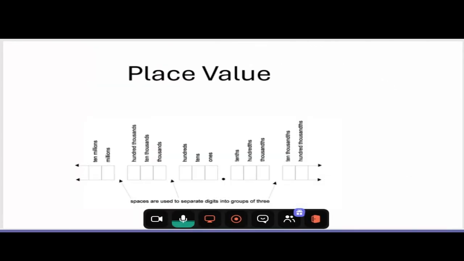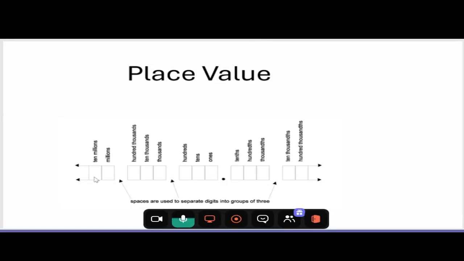So the first thing we want to talk about is place value, and this is what you would call a place value chart. If you look at it, you see everything stems outward from, well, there's the decimal point right there, but actually all your naming, if you look carefully, stems outward in both directions from the ones.